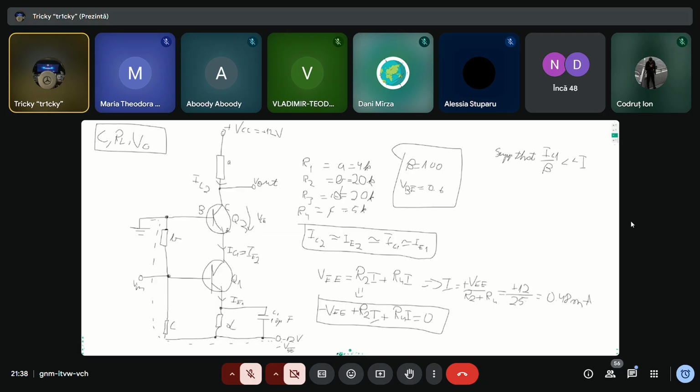Okay. Let's move on and let's find this IC, IE, whatever, all four of these currents, and let's see what the best Kirchhoff would be here.